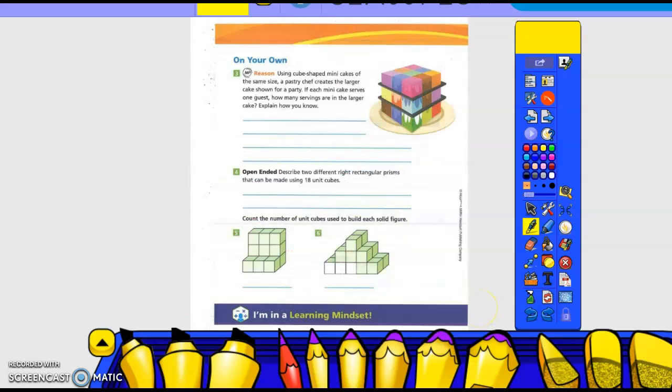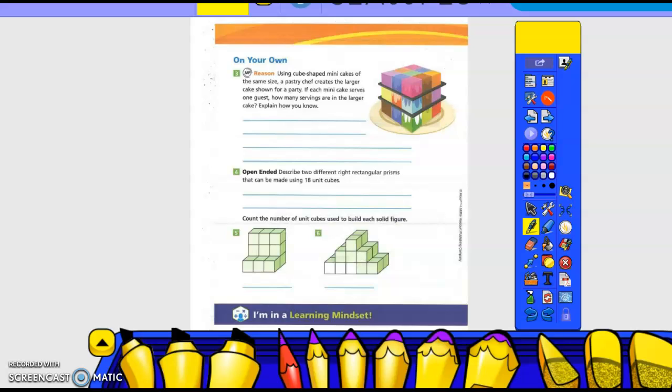On your own. Reason. Using cube-shaped mini cakes of the same size, a pastry chef creates a larger cake shown for a party. If each mini cake serves 1 guest, how many servings are in the larger cake? Explain how we know. So, how many are in the top layer? 9. And how many layers are there? 3.